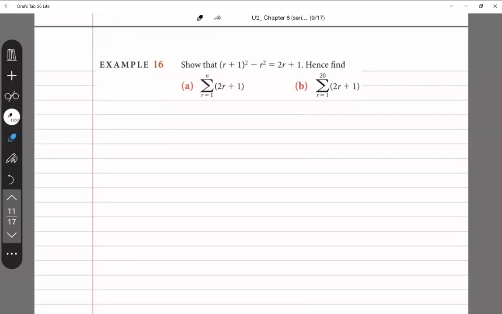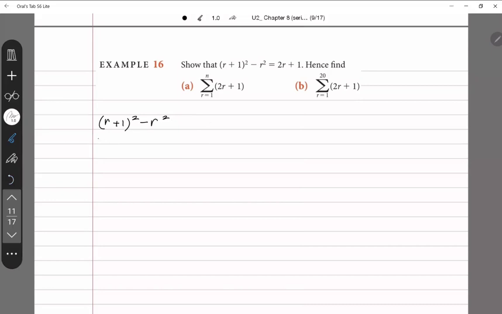All right, so example 16 says, show that. Even if you couldn't do the show part of it, you could do A and B. We're to show that r plus 1 squared minus r squared is equal to 2r plus 1.